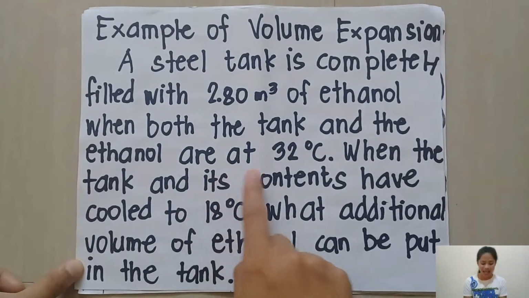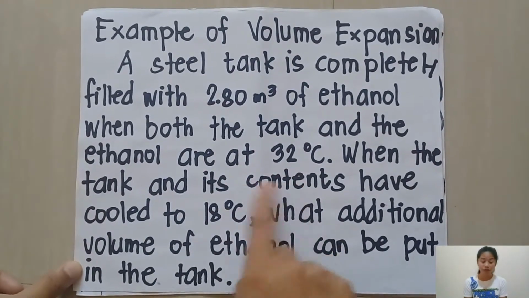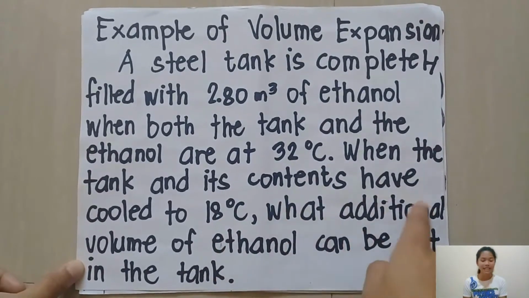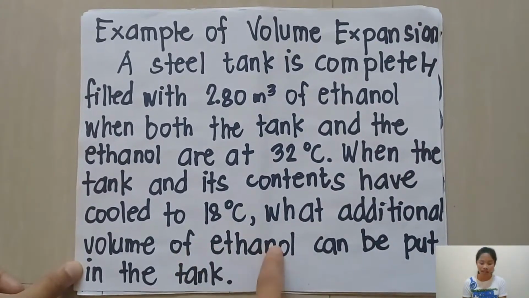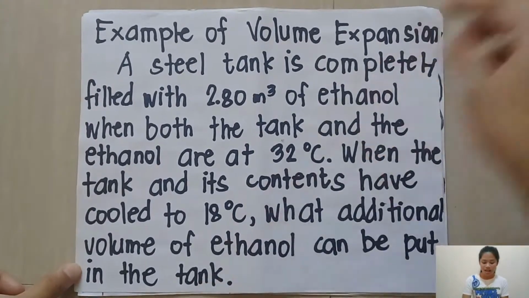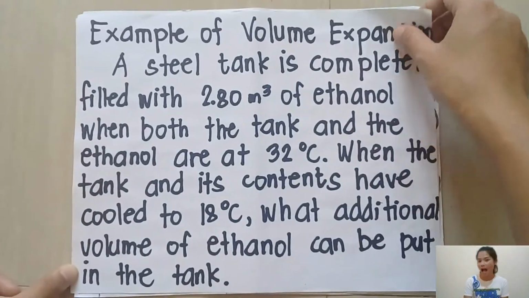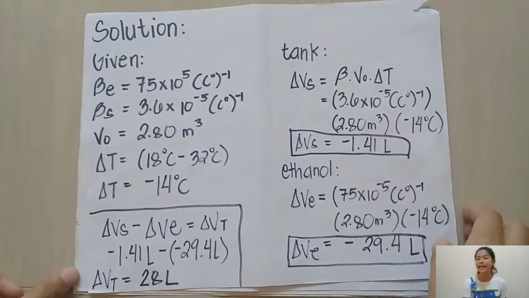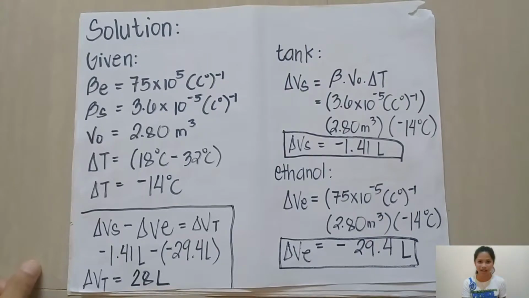When the tank and its contents have cooled to 18 degrees Celsius, what additional volume of ethanol can be put in the tank? So now, we will find out what is the additional volume of ethanol that can be put in the tank.